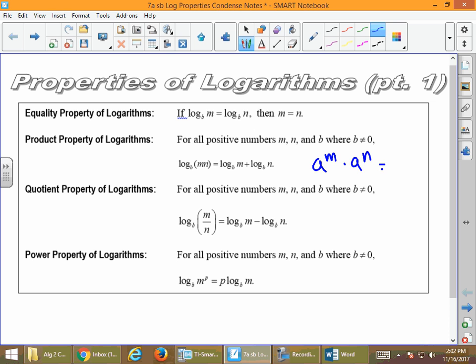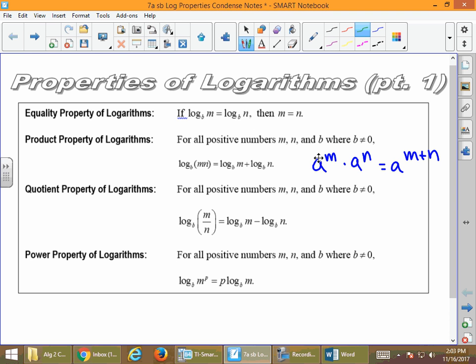We add them. And the same thing happens here: log base b of m plus log base b of n. If we want to turn it back into a single logarithm, we have the same bases already. All that we need to do is multiply the m with the n. And it comes from that a to the m times a to the n equals a to the m plus n.